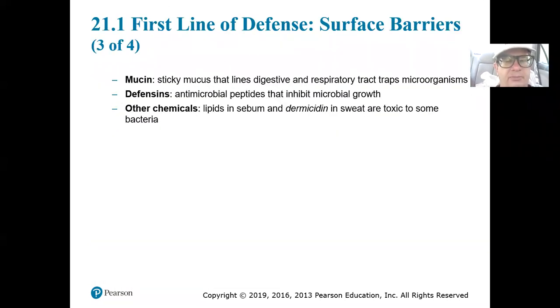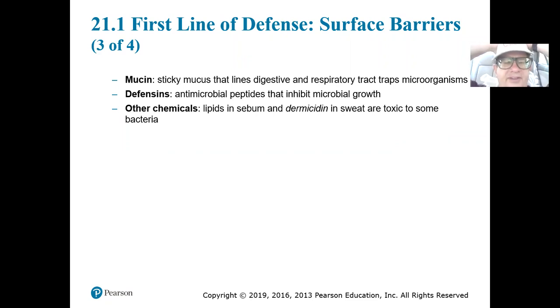We have mucin. This is the thick, sticky mucus lining the digestive system and the respiratory system. This will trap microbes. Like you inhale air, but instead of the microbes getting down to your lung, they get stuck along the wall in the mucus. It's like flypaper.